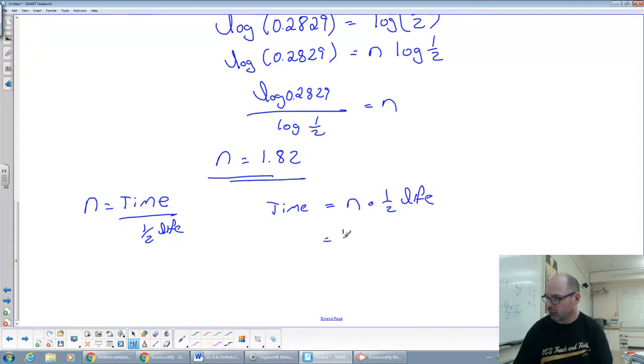In our case, it's 1.82 times the value of, what was our half-life? 8 days? So multiply 1.82 times 8, and we get 14.56, or 14.6 days.